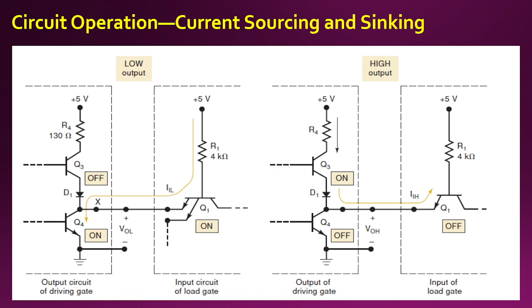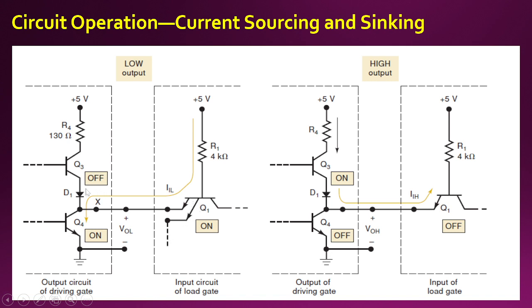Now let's again have a look at current sourcing and current sinking. In this case, we can see that we have a totem pole output. Suppose this is the output of a NOT gate, and it is getting connected to an input, which can again be a NAND gate. So the output is driving one of the sections of the multi-emitter transistor.